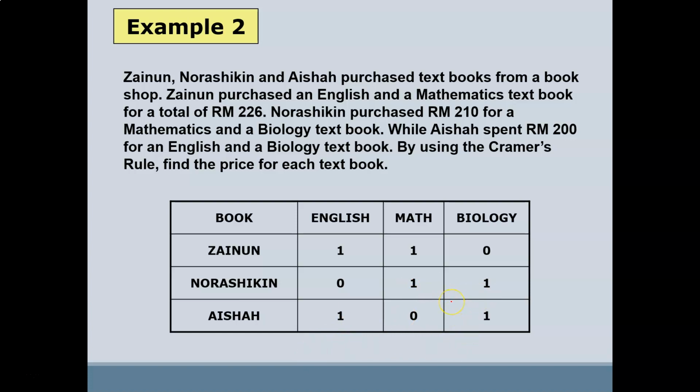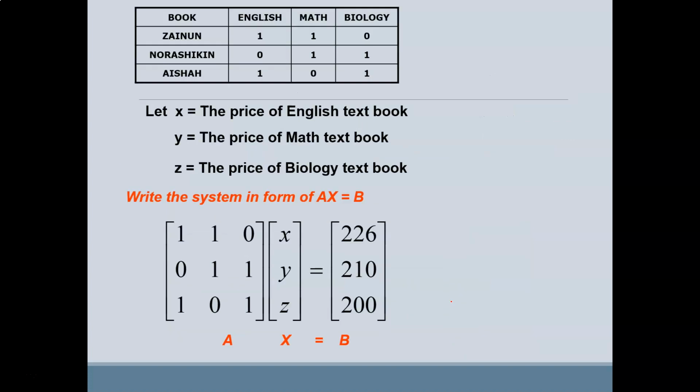So from here, actually, you can create your system of linear equations. First you need to let the English book be X, Y your maths book, and Z your biology book, because you want to find the price for each of these.